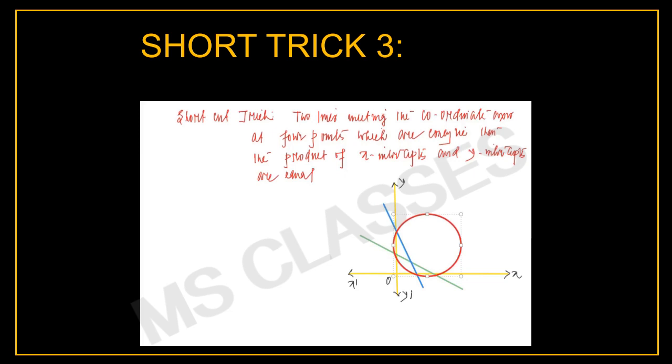We have taken it in such a way that this circle passes through the 4 points where the lines are meeting the coordinate axis. It is given in the theory that the lines are meeting the coordinate axis at consecutive points. Then we can say OA into OB equal to OC into OD.